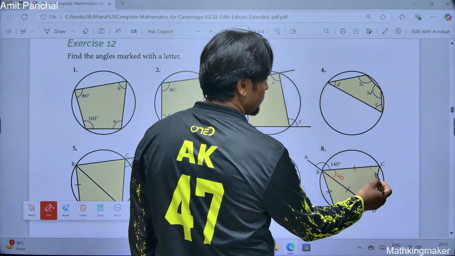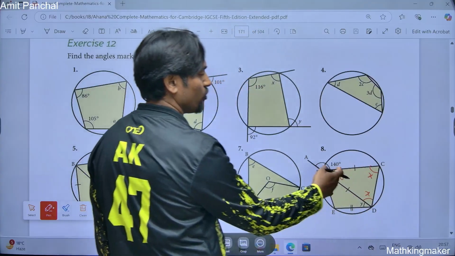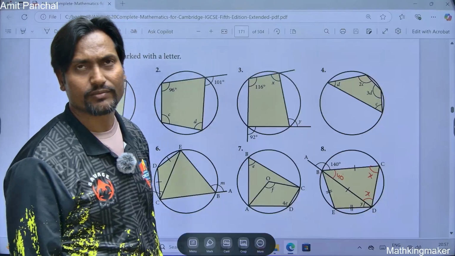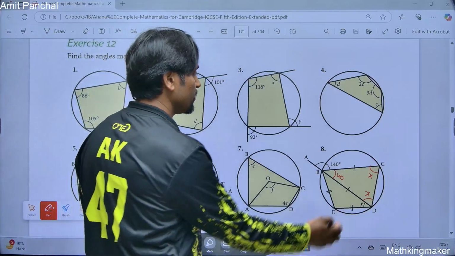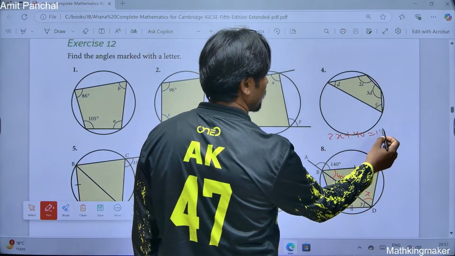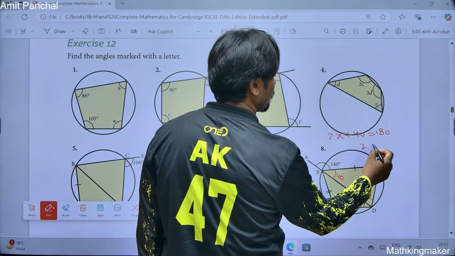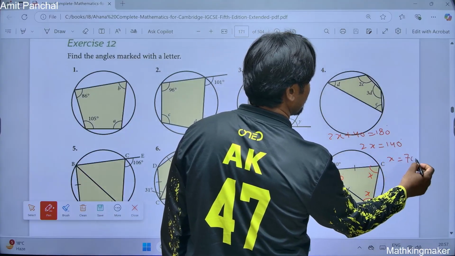If this angle is x, this angle is x, 2x plus 40 will be 180. What is x? X will be 70.